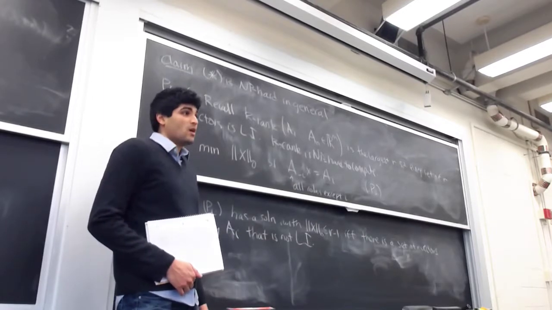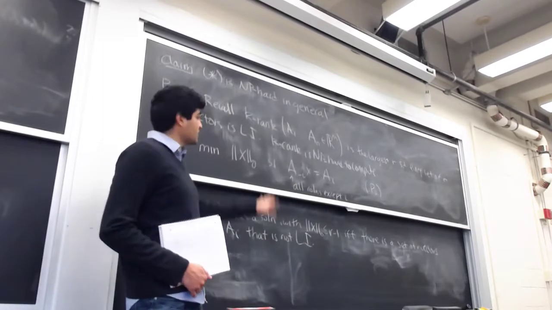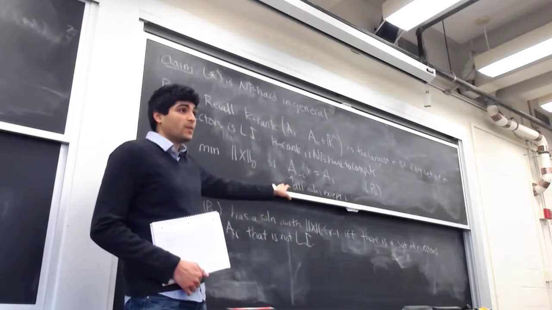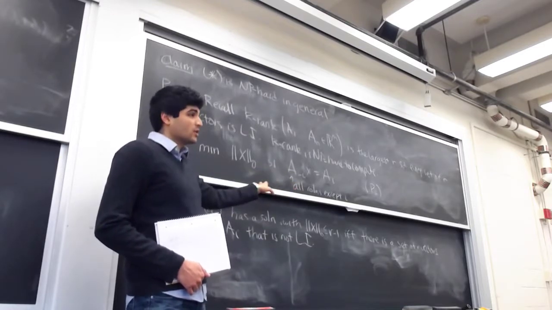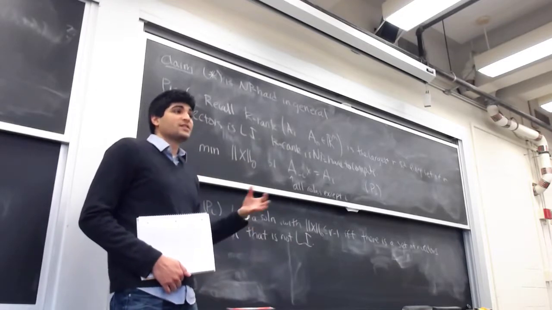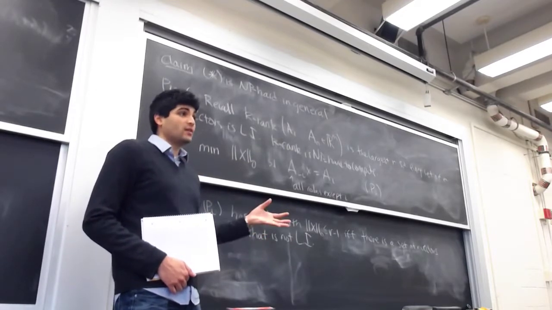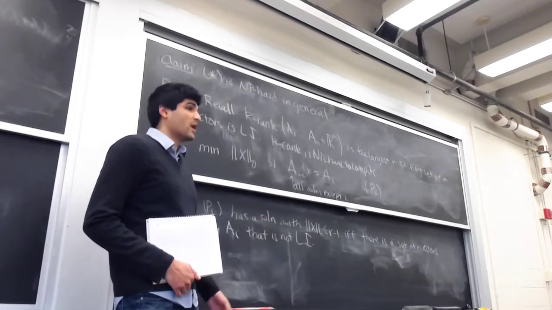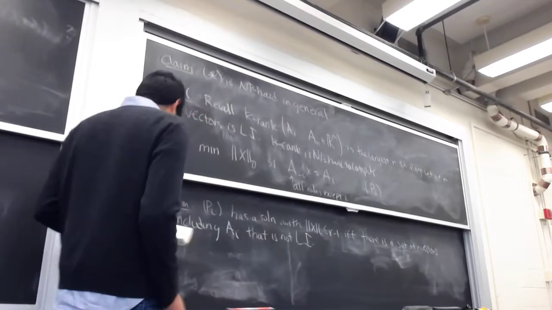So now all we have to do is solve this optimization problem for each i, and then there is some solution with sparsity at most r minus 1 if and only if there is a set of r vectors, any set, which actually is linearly dependent. Does that make sense?